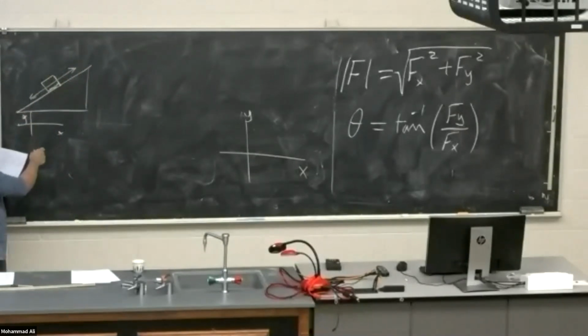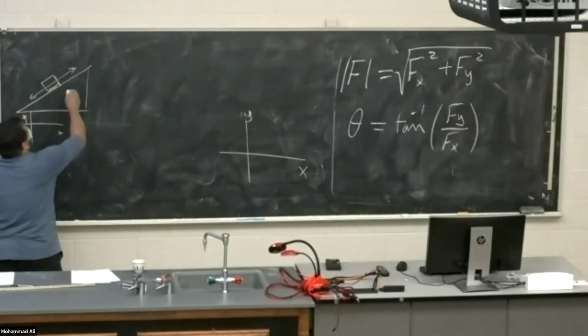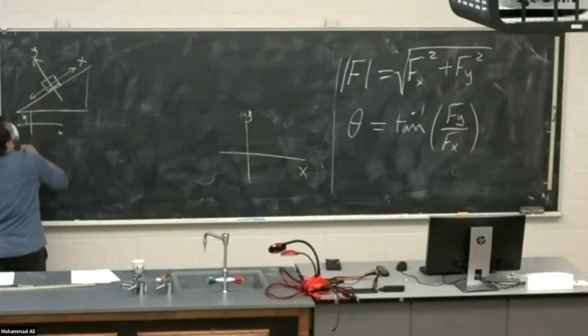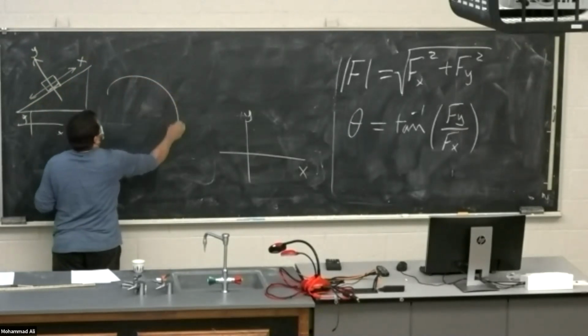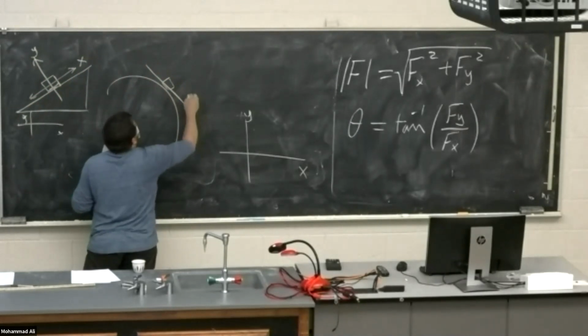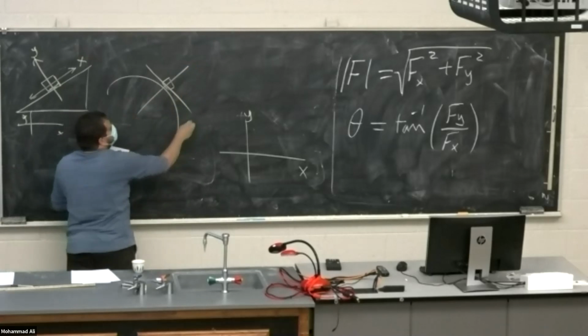We can solve it, but it will take more steps. If we take this as x and this as y, it will be simpler. Sometimes we have this system and the object is here. It is better to use this as x and y.